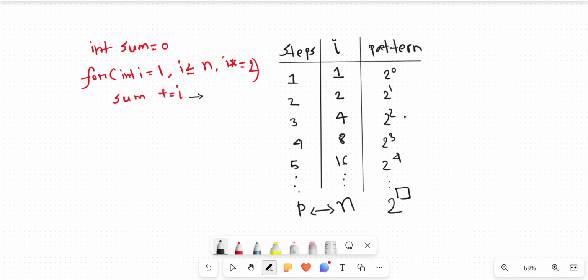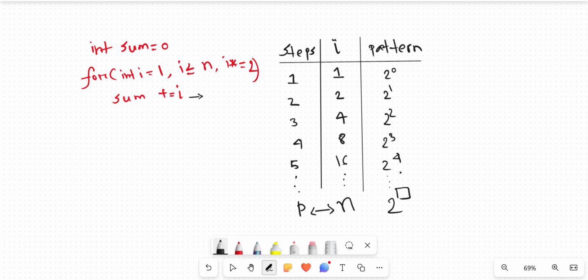Like 4 is also not near 2, but 3 is near 2. So if you see 0, 1, 2, 3, 4, it actually follows the step number minus 1.